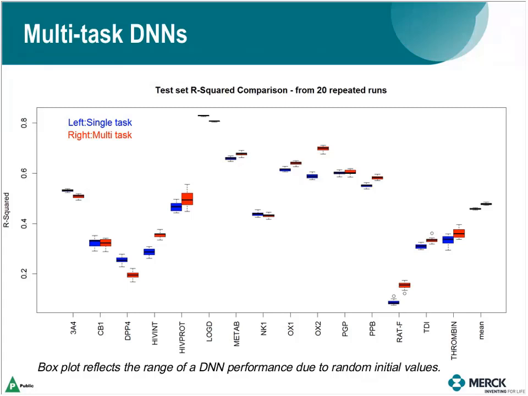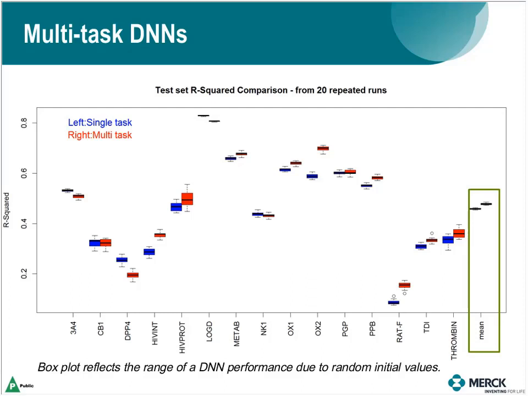The red one is using the multitask network. You put all 15 tasks' data into the training set and generate all the results at the same time using one single network. On average, the multitask network beats the single-task network.